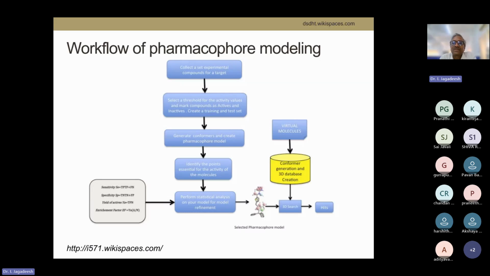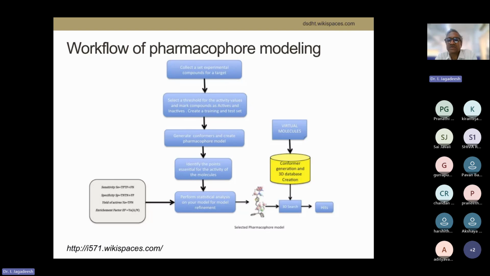And as we saw in yesterday's class, we need to remove PAINS, the interfering molecules, and the rare chemicals not possible to get in reality. The salt forms we need to weed out and filter out. Any toxic chemicals which will give false positives we have to remove.